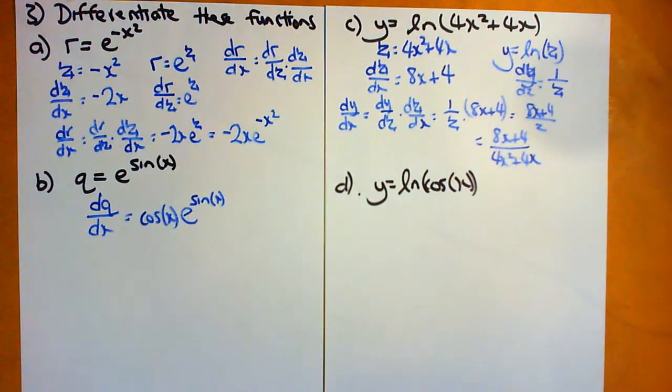If we wanted to, we could divide a factor of 4 out of the top and the bottom, but we don't really need to, unless the question says fully simplify your answer.